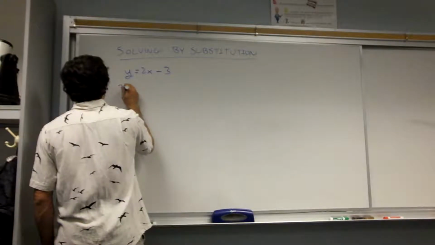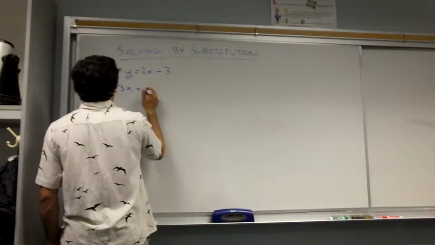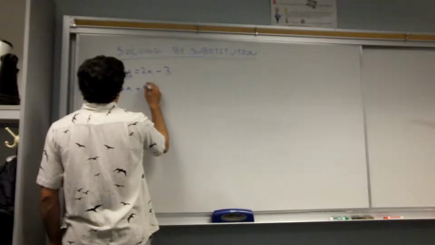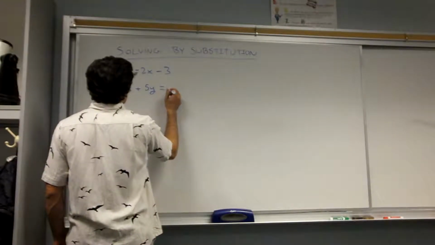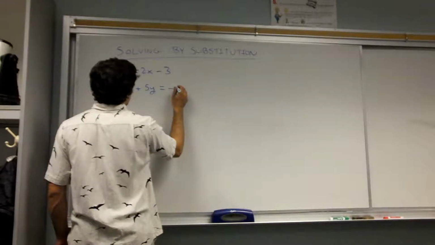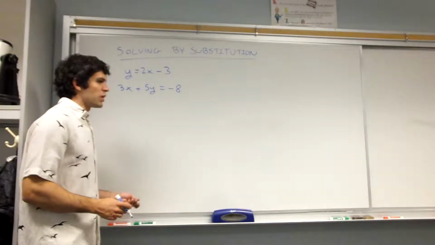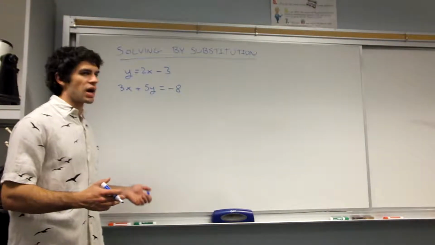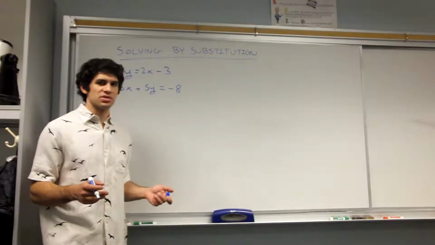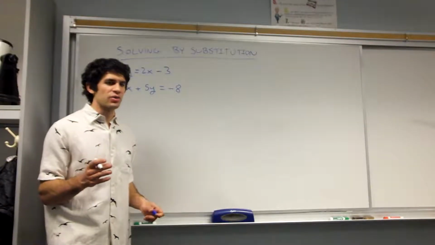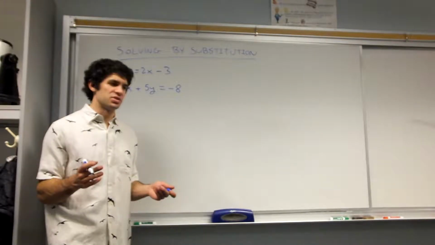And let's do 3x plus 5y is equal to negative 8. So if we want to graph these equations, we may not be able to get a very precise solution. So there is a better way, and that's what's called substitution.